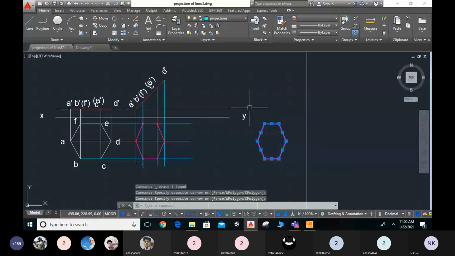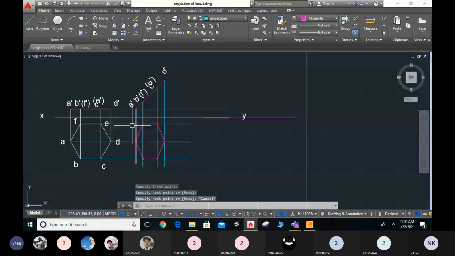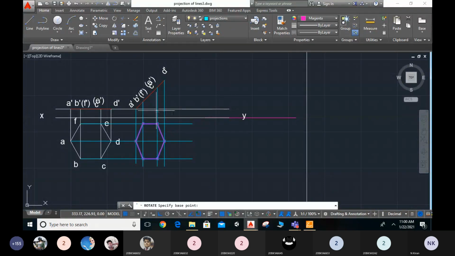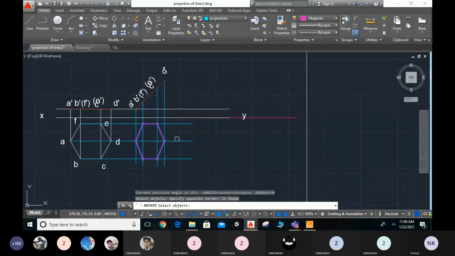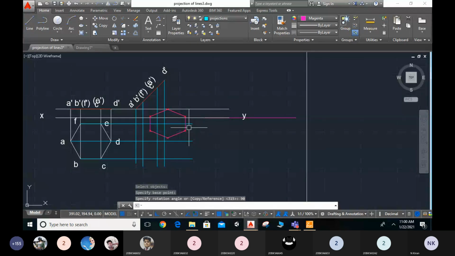First of all, I will draw a line over here, from here, somewhere. Now I will select this circle, and I will rotate exactly 90 degrees, and I will place it on that one. I will specify rotate, RO enter, and from this point I will select this one, enter, and which is the midpoint, I will select this one, midpoint, 90 degrees. Okay, exactly it is rotated.